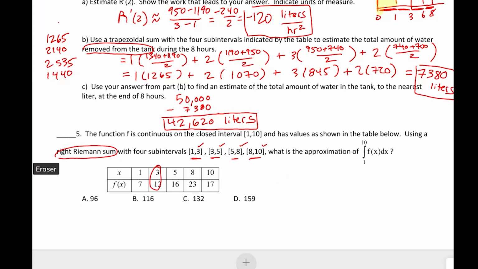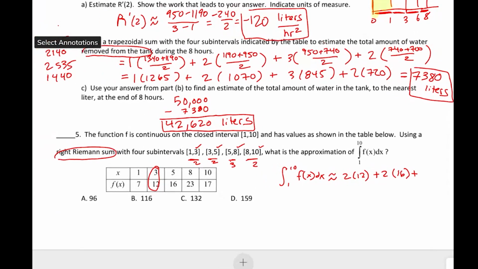So actually, let me just make the whole statement here. The integral from 1 to 10 of f of x dx is approximately equal to 2 times 12 plus, let's see, are they all 2? No, yeah, this is 2, this is 2, this one's 3, and this one's 2, so be careful. 2 times 16 plus, I'm running out of space here, so I'm going to drag this back over.